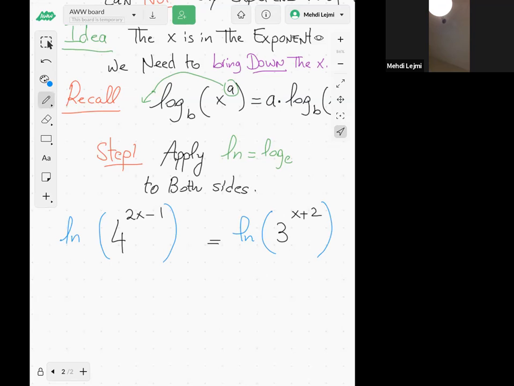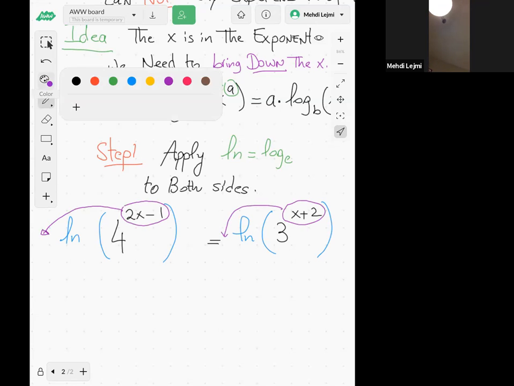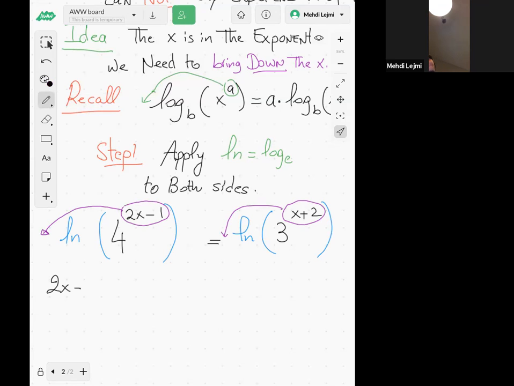So what does the natural log do? Well, you can bring down this exponent in front of the log. That will be 2x minus 1, and don't forget there's a natural log here, natural log of 4.